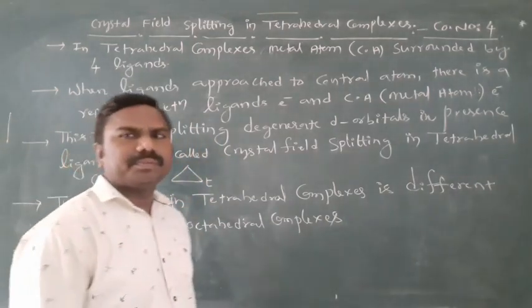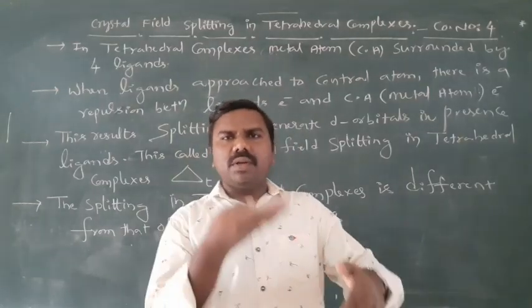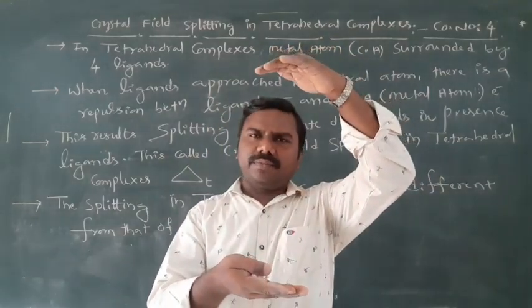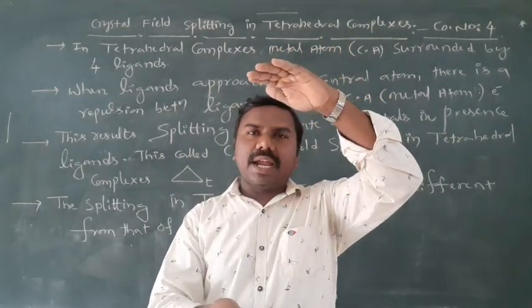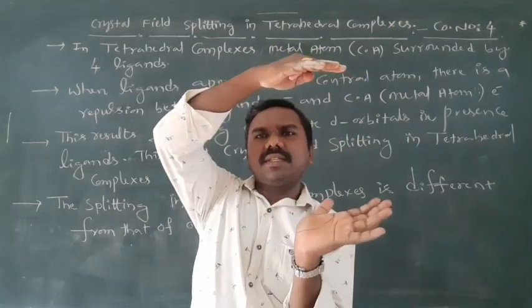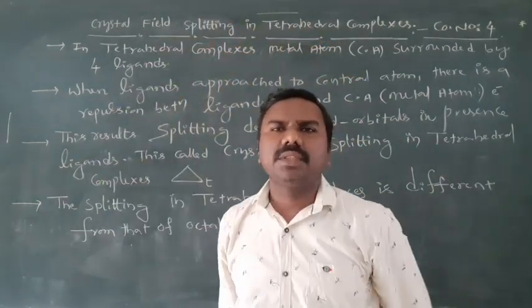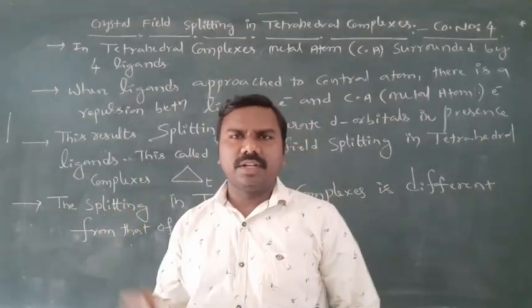In an octahedral complex, lower is T2g, higher is Eg. But in tetrahedral complexes, lower is E, higher is T2. We'll draw the diagram now for this.